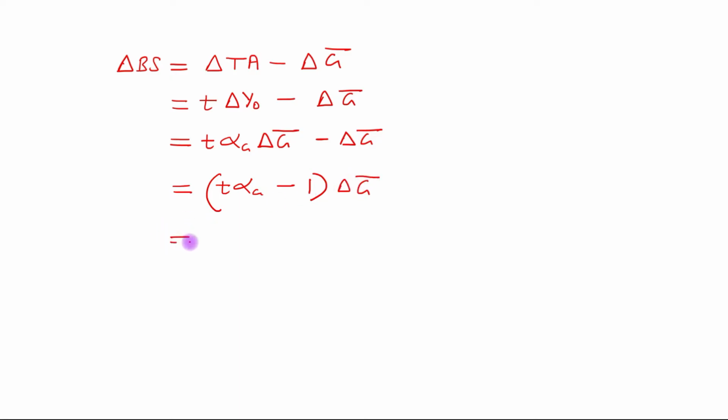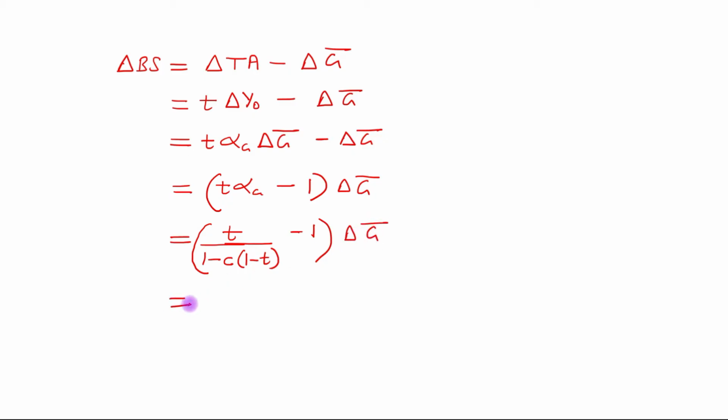In the next step, we will write the value of alpha G, which is 1 upon 1 minus MPC times 1 minus tax rate. This is minus 1 change in G bar.